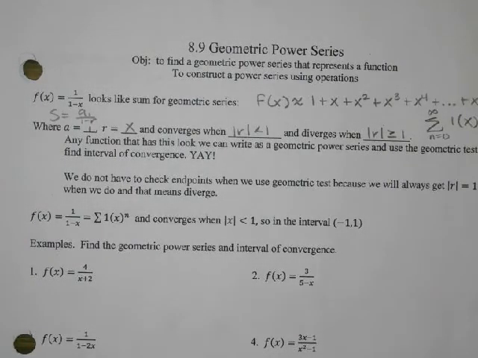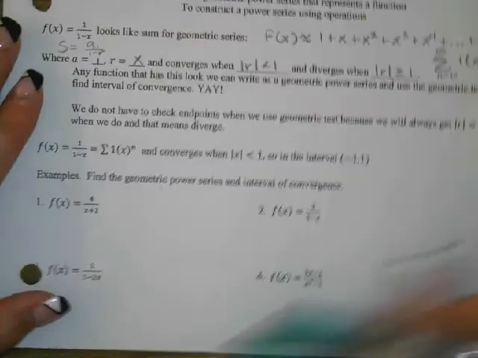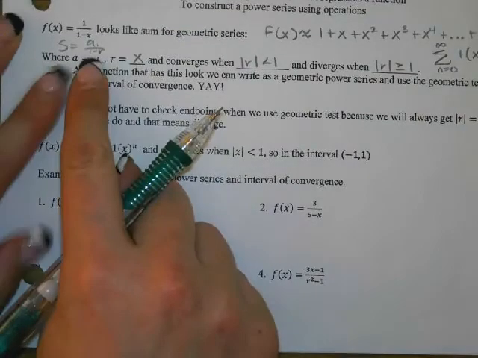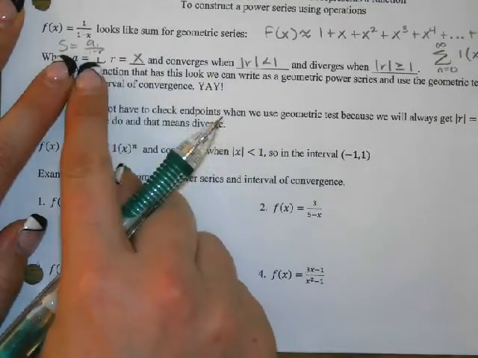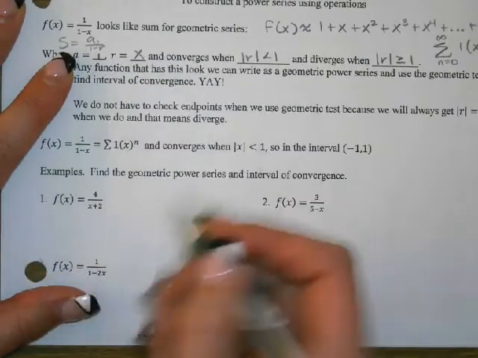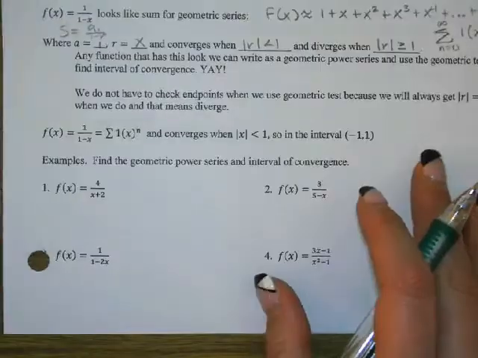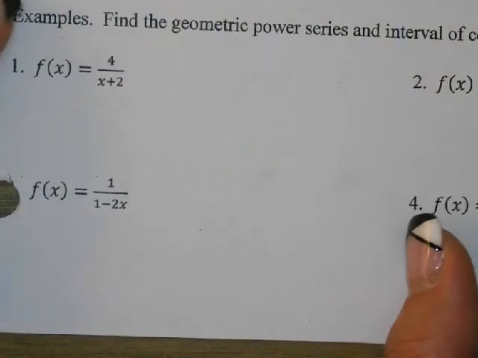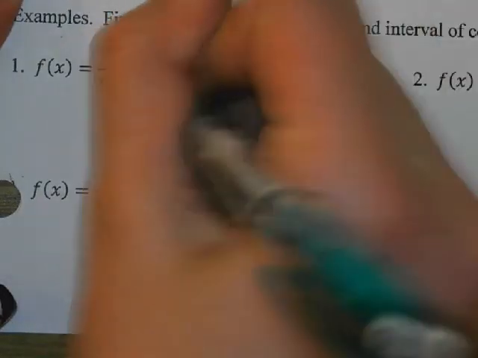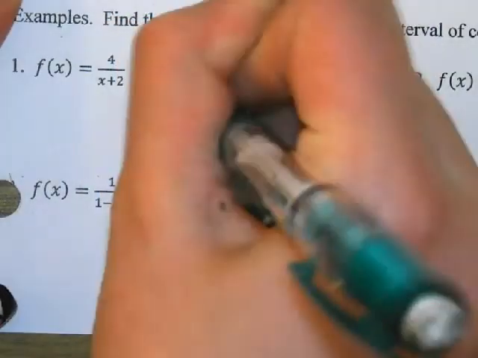But what we want to do is rewrite this problem so that it fits this formula right here, so that the first term is on the top and the bottom is 1 minus r. So I'm going to rewrite it so that the x comes second, because that's where the r is. I'm going to say this is the same as 4 over 2 plus x.